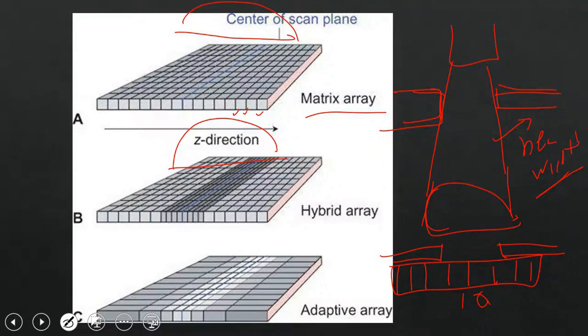In this case, the collimation here is determined based on how many you are using. If you are using all 16, then the beam here is 16 in 1, which means 16 millimeters. This is what you will cover. Now, 16 times 2.5 in this specific scenario remains 8 millimeters, which means in one rotation you are scanning 8 millimeters.